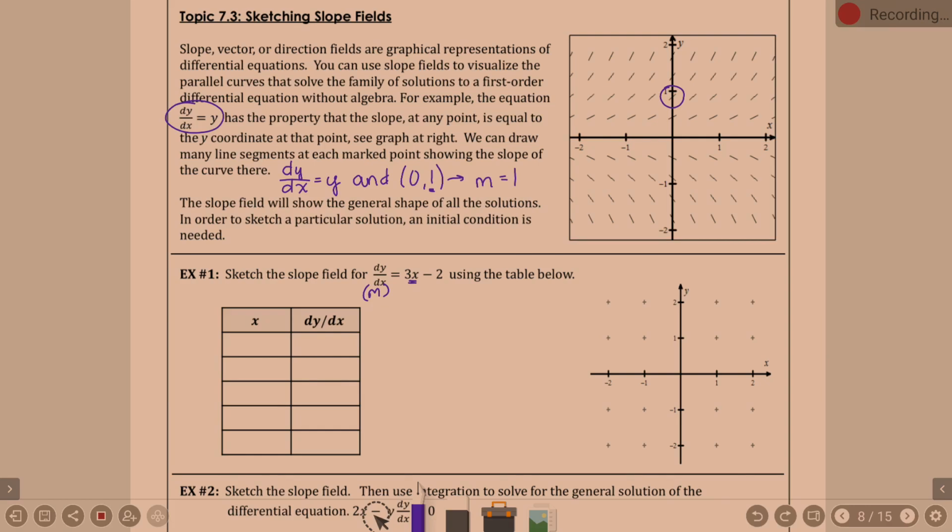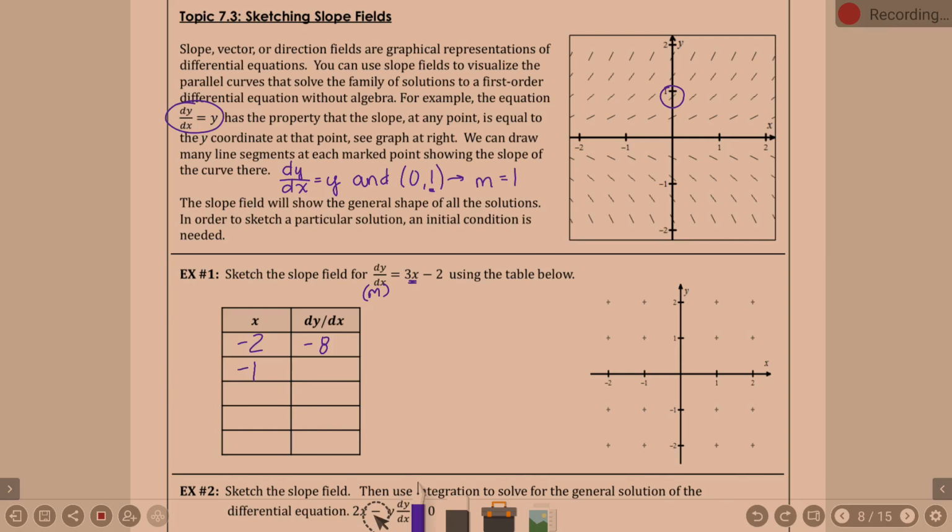So what x values do we have on our graph that we're going to have to know? Shall we start with -2? When x is -2, what's dy/dx going to be? -8. Let's go ahead and fill in the chart, and then we'll do some drawings.